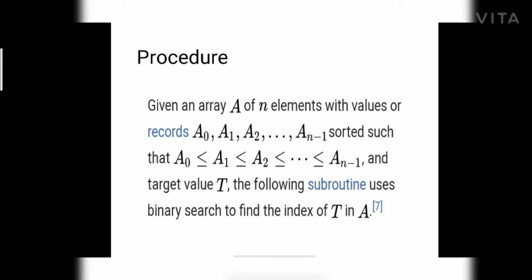As I explained before, for binary search it should be in ascending or descending order; it should be sorted. Let us name our target value as t. The following subroutine uses binary search to find the index of t in A, which means we are doing this binary search to find t in the array A of elements.